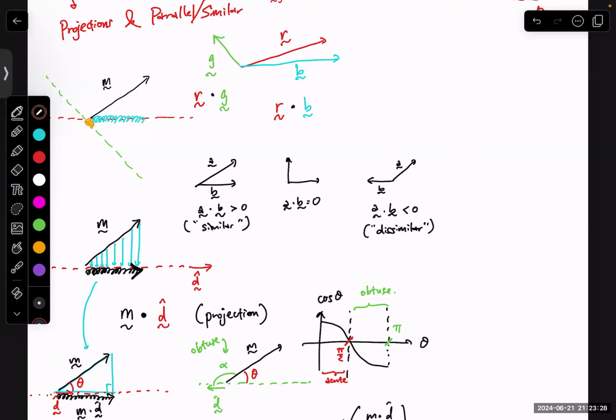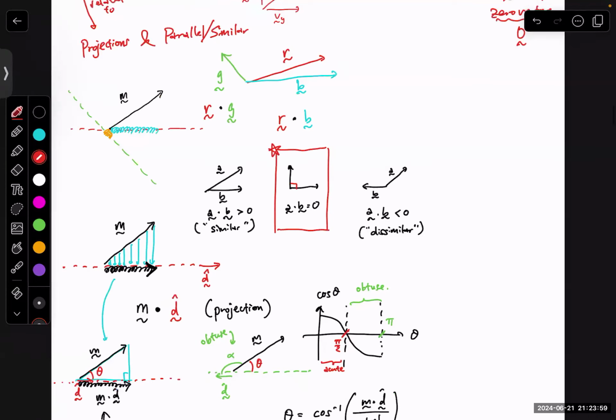This is going to be an important property, I don't know what to call it. This is an important thing for us to remember because we will be using this fact to show that two vectors are perpendicular. So this is going to be important.